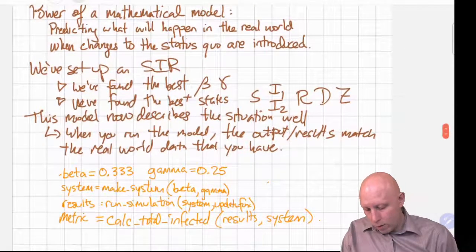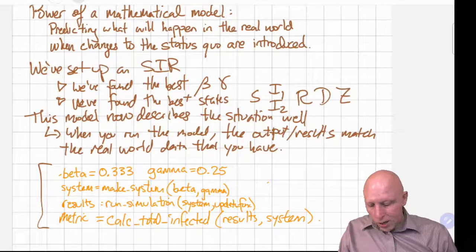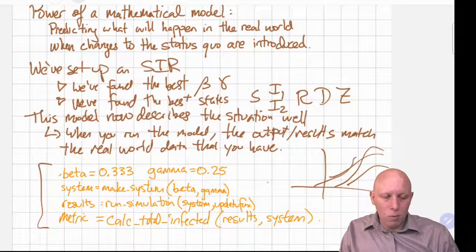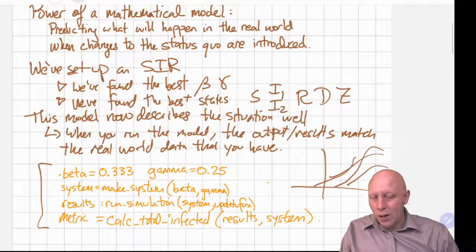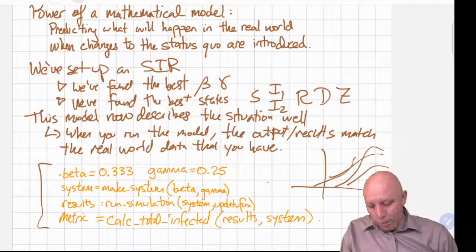So when we've set up our model and run our simulation, the charts that we get seem to match what's happening in the real world. If we're at that situation, we now have a model that represents the real world well.